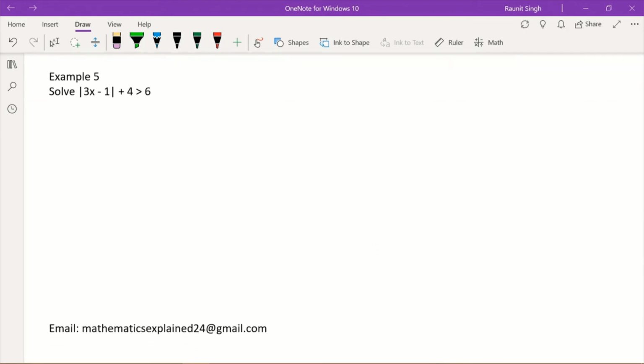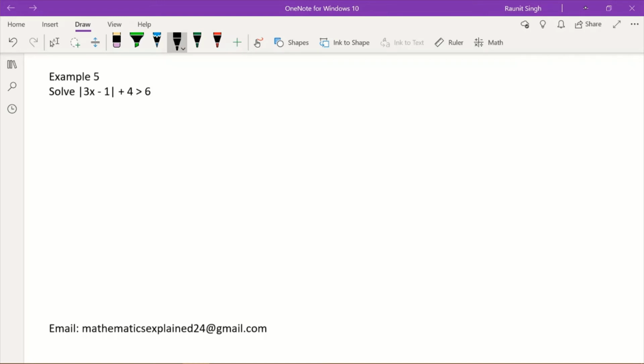Example 5. So we have 3x minus 1 in absolute value, and then plus 4 is greater than 6. Okay, and this is going to be our last example. So we can subtract 4. Oh, well, no, first we have to do the, what's it called? Oh, right, never mind.